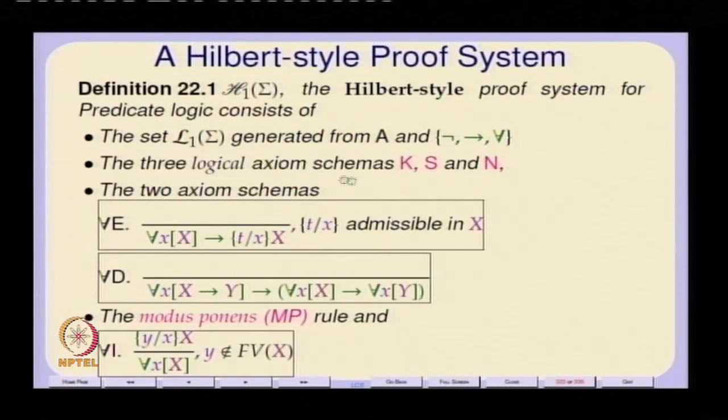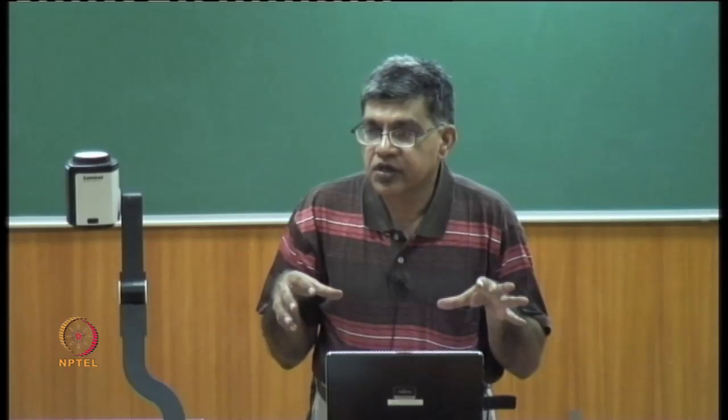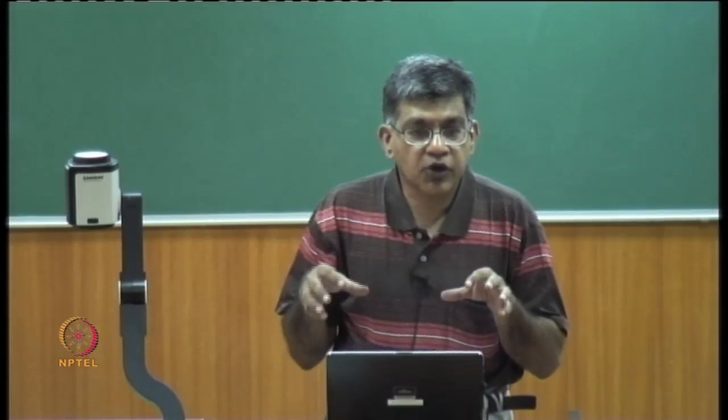Since of course K, S, N and modus ponens together give me a complete axiomatization for propositional logic, instead of importing all the tautological structures from propositional logic, I just use these three axioms K, S, N and the modus ponens rule. So all propositional structures essentially form frameworks in which I can plug in predicates instead of the atomic propositions there.